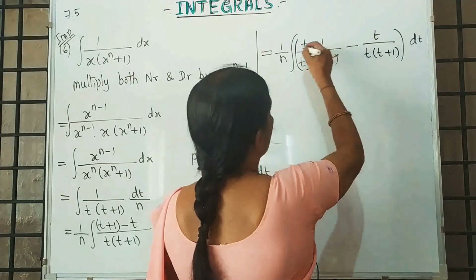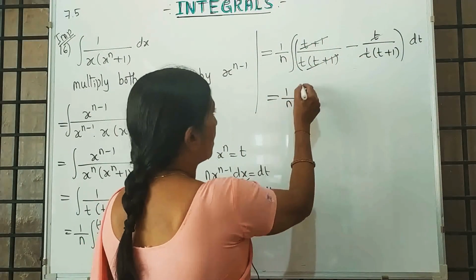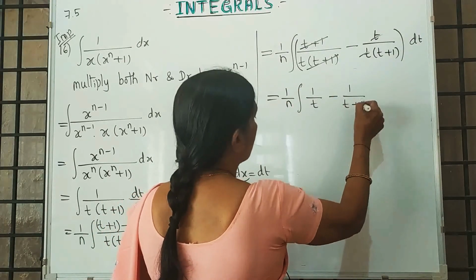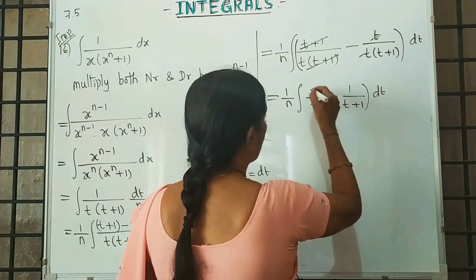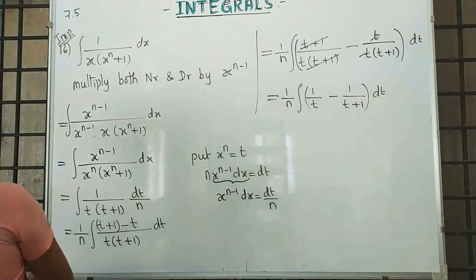See, t plus 1, t cancels. 1 by n, it is 1 by t minus 1 by t plus 1 into dt. Please note down, this is very helpful for your CET. Now integrate.